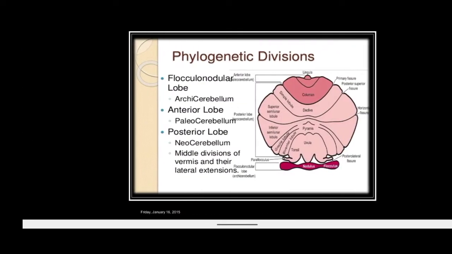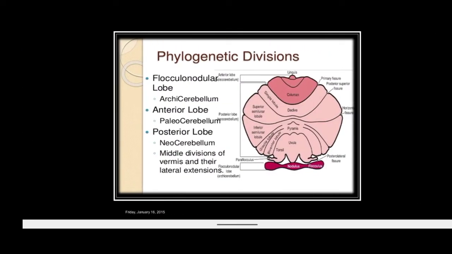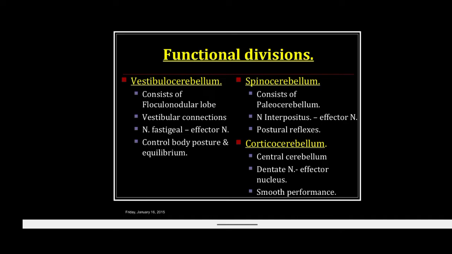Now come to the functional division. In functional division comes vestibulocerebellum, spinocerebellum and the corticocerebellum. So vestibulocerebellum consists of flocculonodular lobe, vestibular connections, nucleus fastigial, effector nucleus, and controls the body in posture and equilibrium.